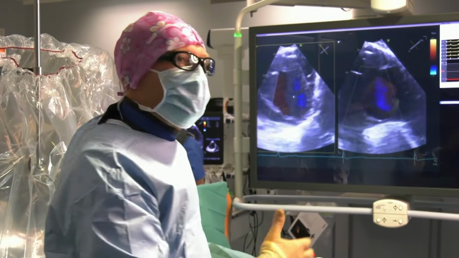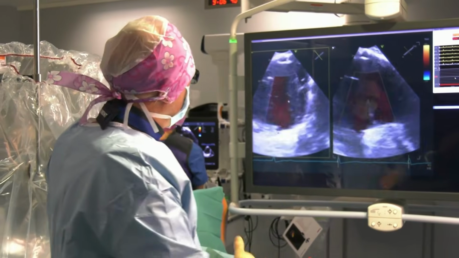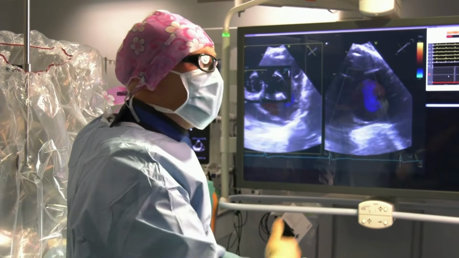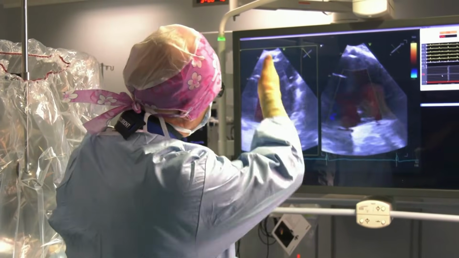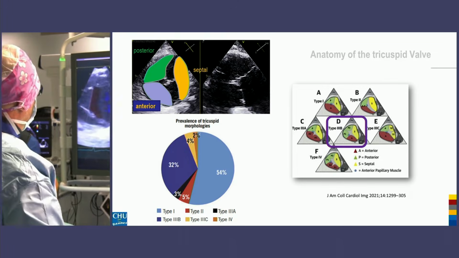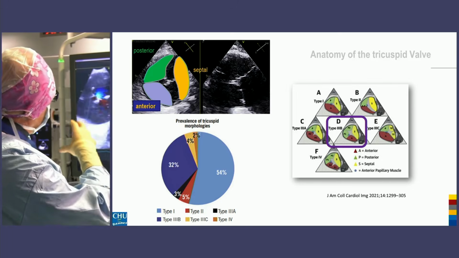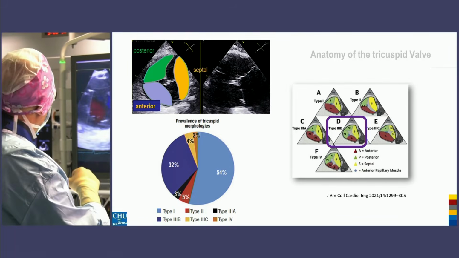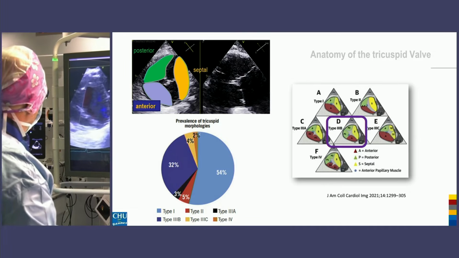It's important to make sure that the tricuspid valve is actually a tricuspid one, because as you know, sometimes we have 4 or sometimes 5 leaflets, but here we have 3 leaflets with a septal leaflet, an anterior leaflet, and a posterior leaflet. And as we can see here, the regurgitation is central and also in the anterior septal part of the valve.